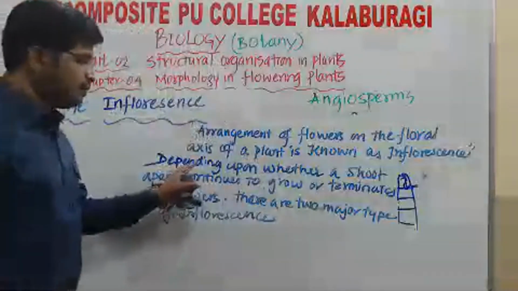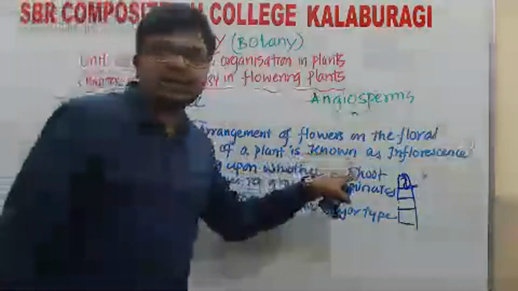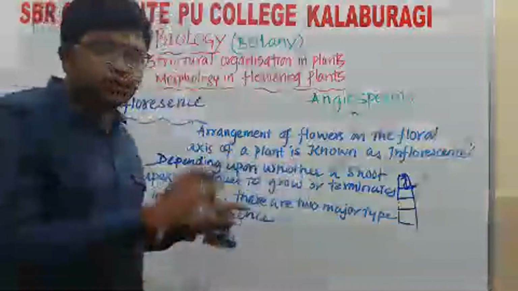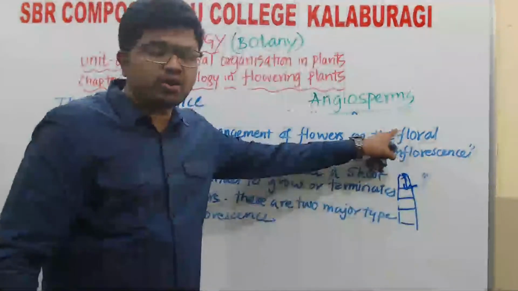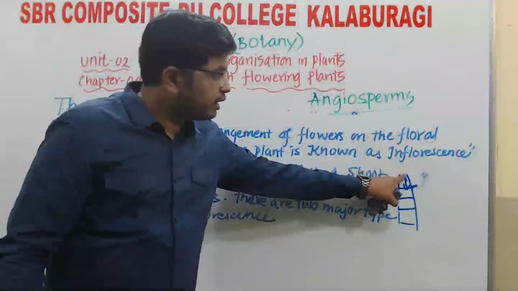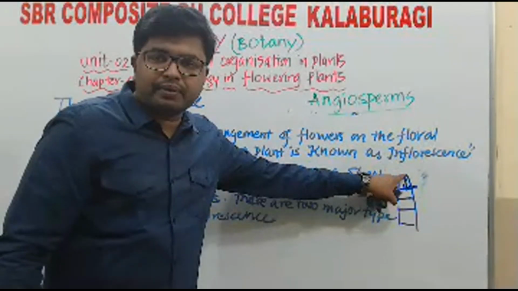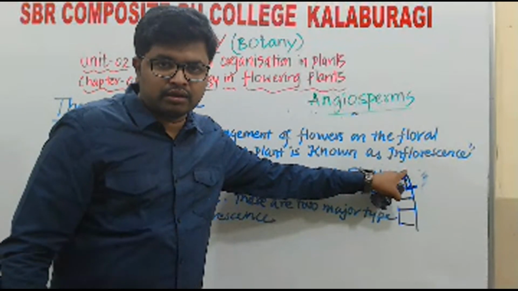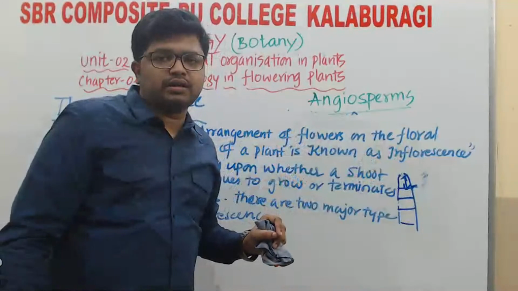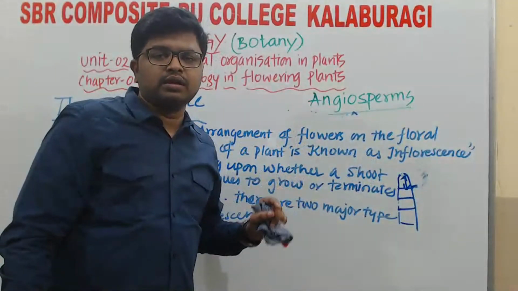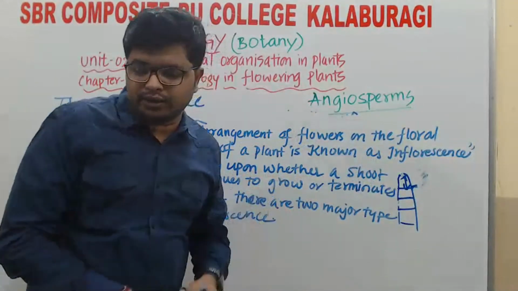Remember this. Depending upon whether the shoot apex continues to grow or ends up in a flower, there are two major types of inflorescence.